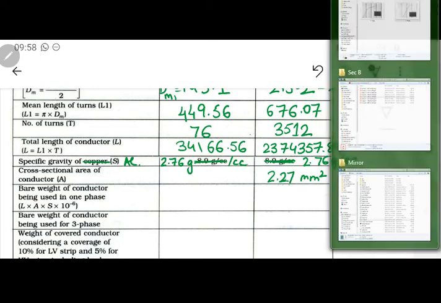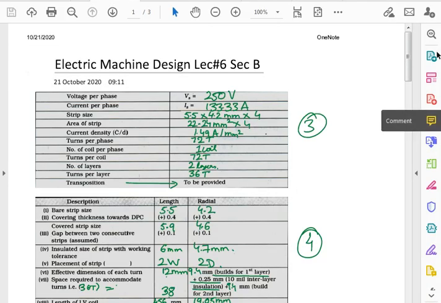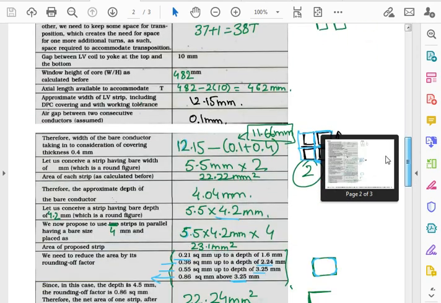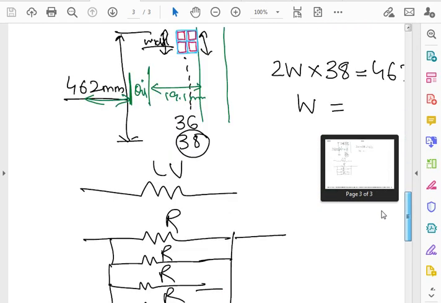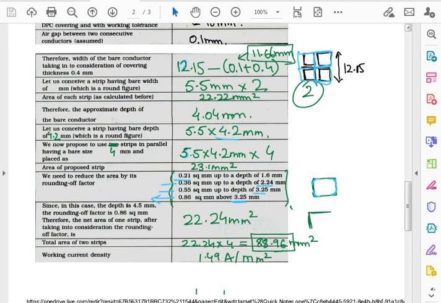Come on, we have done this previously also. 90, let me just check it out again from here. 92.